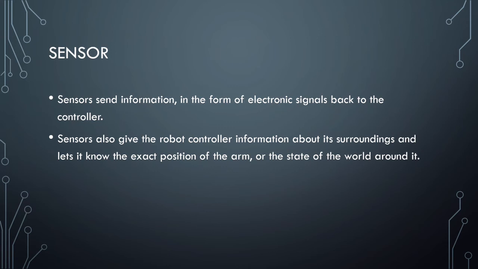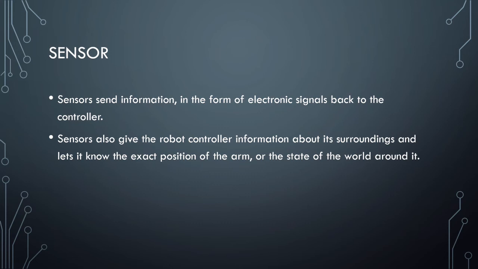For a certain threshold of pressure, it's sending that signal back to your microcontroller. So there are a lot of different sensors and inputs that we can use to give our controller information. So anything about its surroundings, maybe what's going on in the world around it, what's the temperature, what's the humidity, what's the light, is there anything close by? It will let the controller know as well where the robotic arm is at.